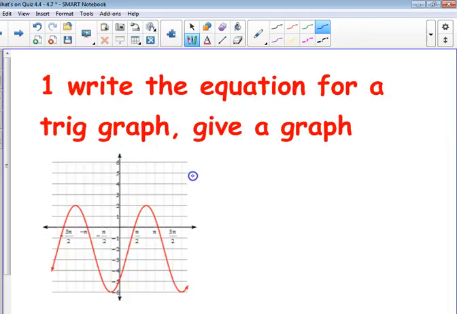All right. There is one question where you have to write an equation for a graph. Okay. This one's really hard to see. Let me give you a couple ordered pairs. This is negative pi over 4, negative 6. And this is 3 pi over 4, 2.